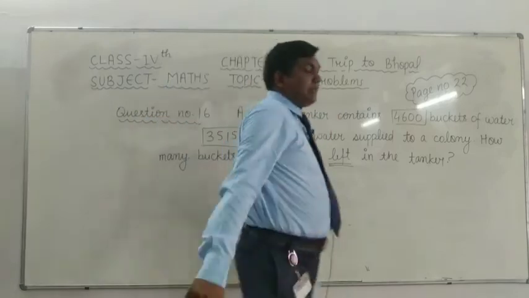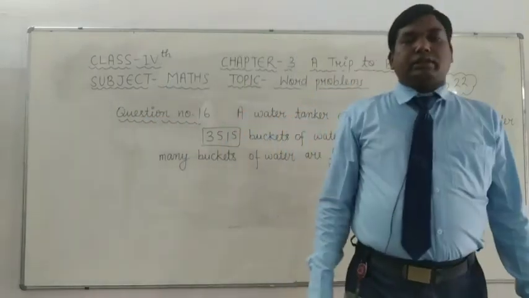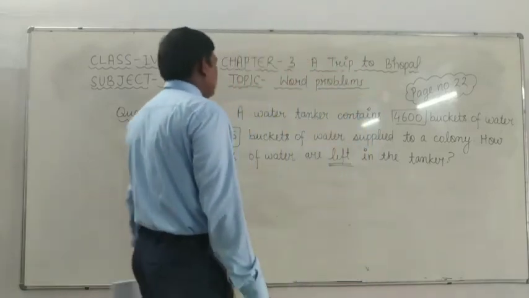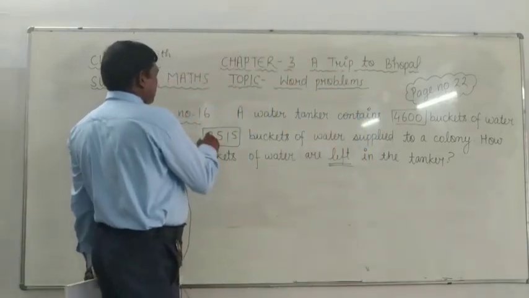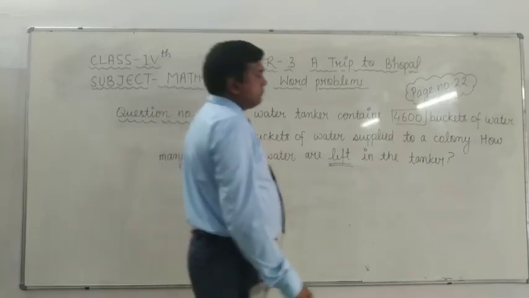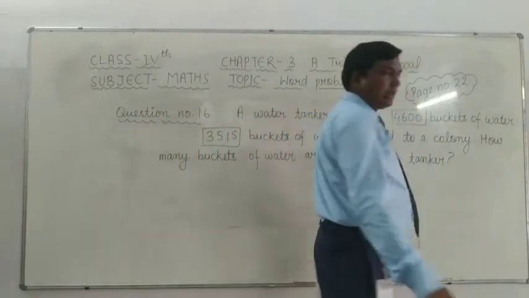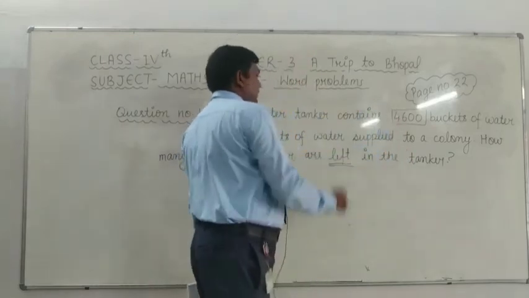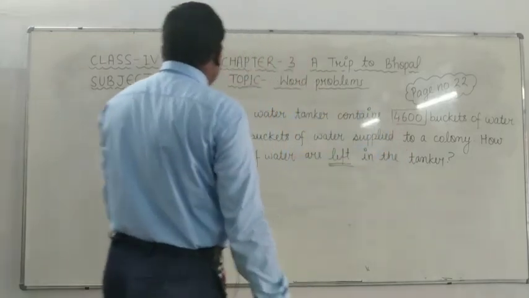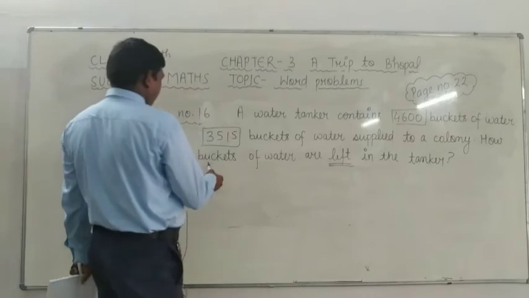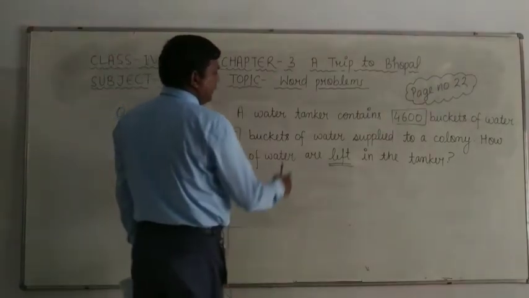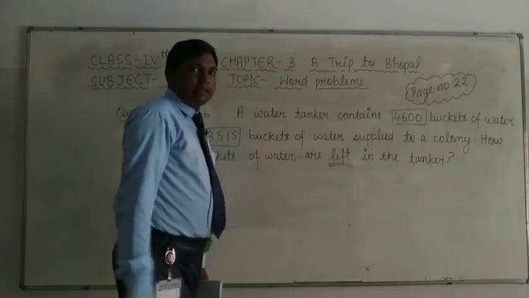We have to subtract 3,515 from 4,600, and after subtracting these we get the total number of buckets of water left in the tanker.